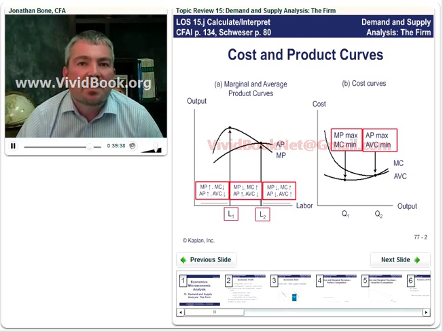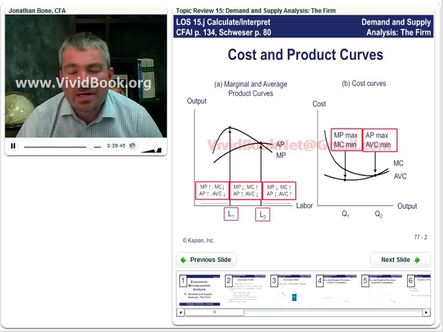Now you'll notice below L1, marginal product is actually increasing. So we've got increasing returns as we add labour. And notice, of course, the marginal product is above average product at this point. So as we increase labour, essentially the marginal product's going up, the average product is rising as well.